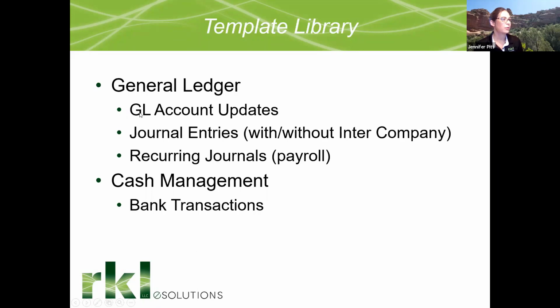General ledger, so we have GL account updates, which we looked at. Journal entries with or without intercompany, and then recurring journals. So if you don't want to actually use the recurring journals task within Sage, you can still do that with Data Porter and have a log of it when you keep your Data Porter sheets.